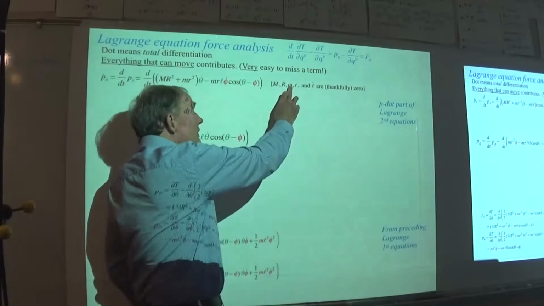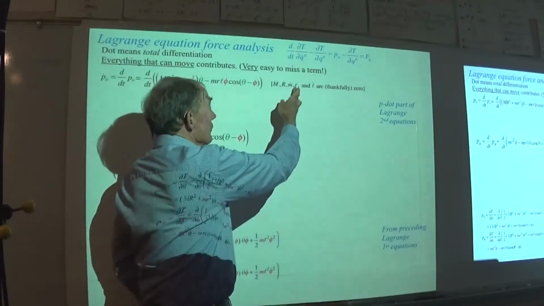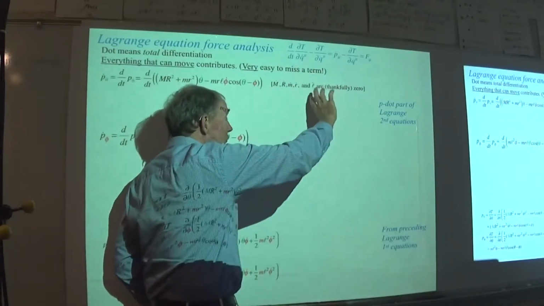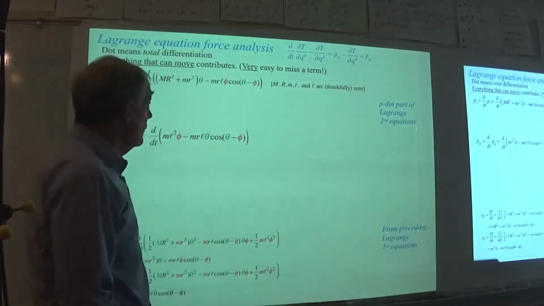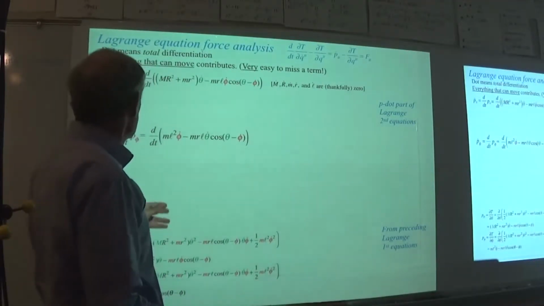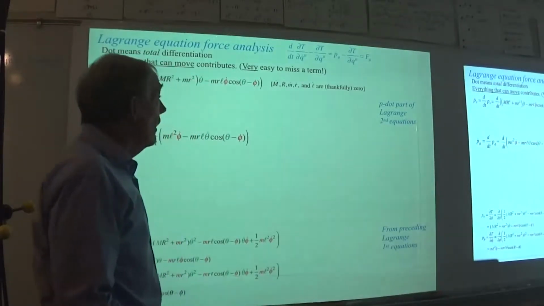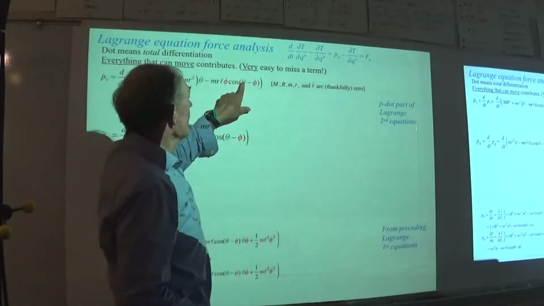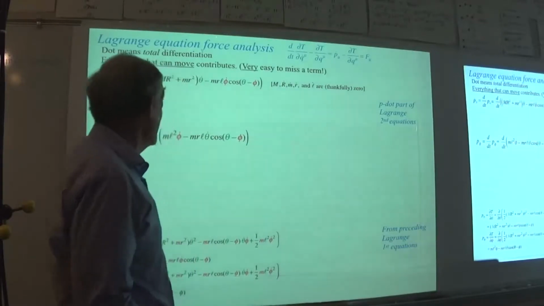We're not going to change projectile mass, and we're not going to change the projectile radius. This is the radius out on the main arm, and this is the radius of the actual string holding the thing that's being thrown. So the only things we have to include when we do our total time derivative in a chain sum are the ones that actually change, and that's these two, their velocities and their positions.